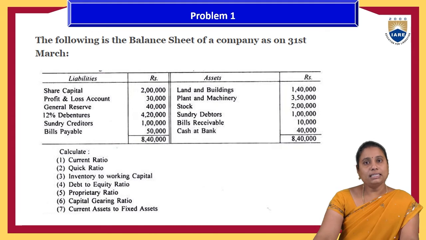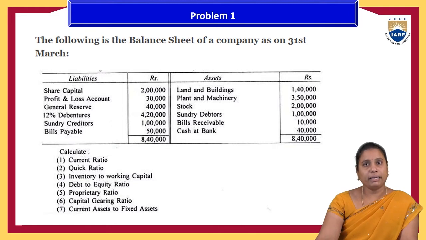Here they have provided the balance sheet information, consisting of share capital, profit and loss account, general reserves, 12% debentures, sundry creditors, and bills payables. On the assets side, land and building, plant and machinery, stock, sundry debtors, bills receivables, and cash at bank.